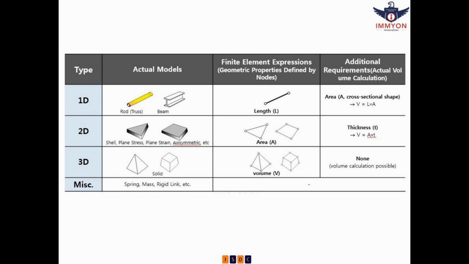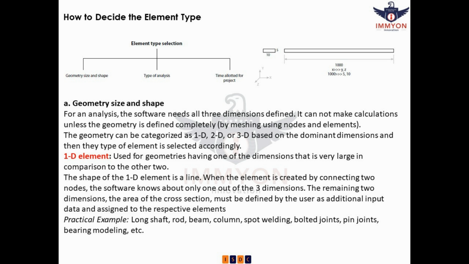Now, you can see in a clear way the representation of 1D, 2D, 3D. How to decide the element type? A. Geometry, size and shape. For an analysis, the software needs all 3 dimensions defined. It cannot make calculations unless the geometry is defined completely, by meshing using nodes and elements.